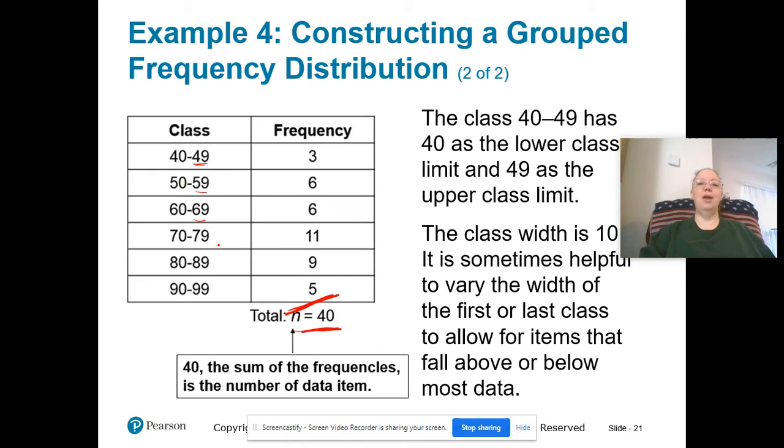Rather than creating a class between 0 and 9, and then 10 and 19, and then 20, when there was only that one student way outside the range of everybody else, we would make maybe this class 0 to 49. So this would be a larger class. It doesn't happen very often, but sometimes we do that.